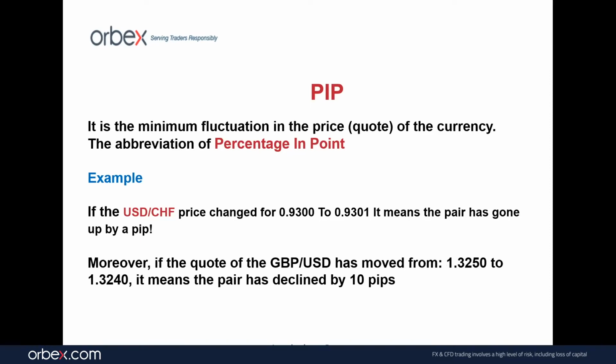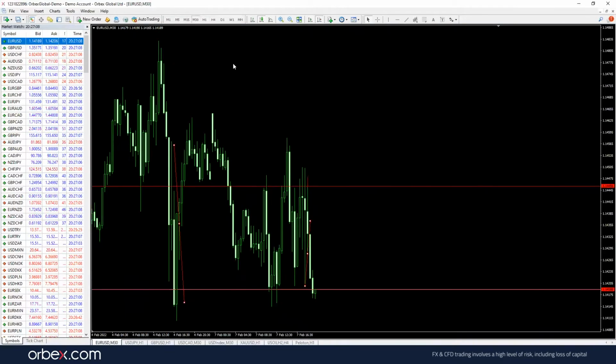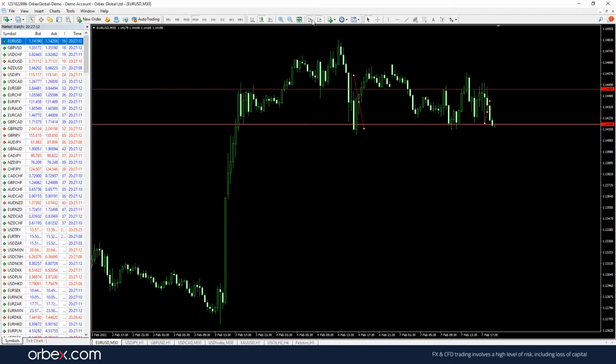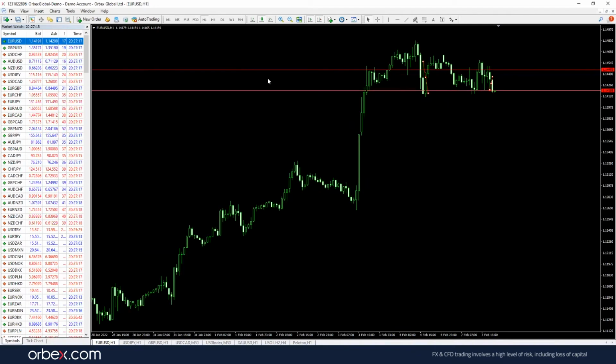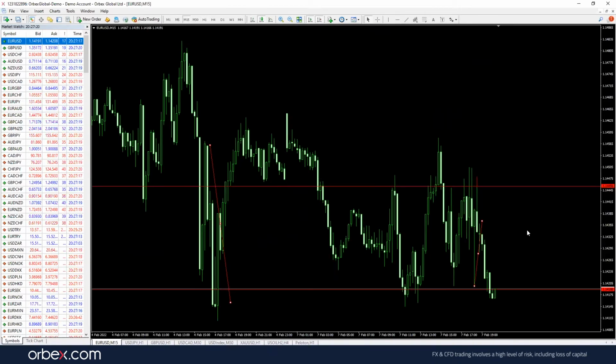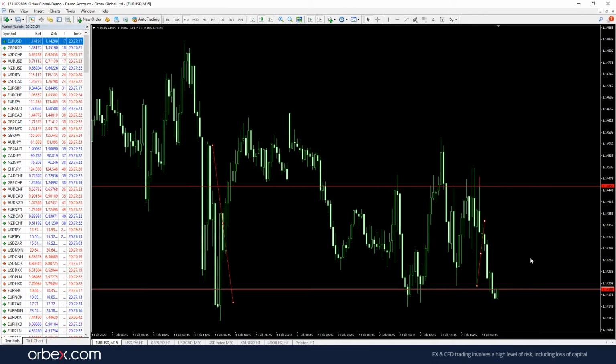So let's just go back to the MT4 platform again, just so that we are 100% clear with everything we're doing. Back to euro dollar, because it's quite a popular currency pair. Sorry, let's go back to the 15-minute chart. Let's go to a daily chart, might be easier.